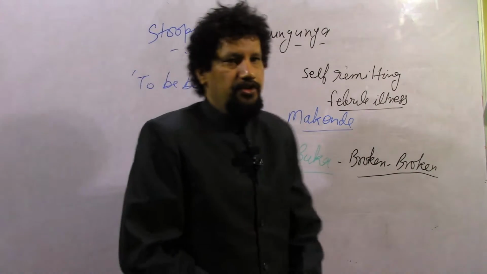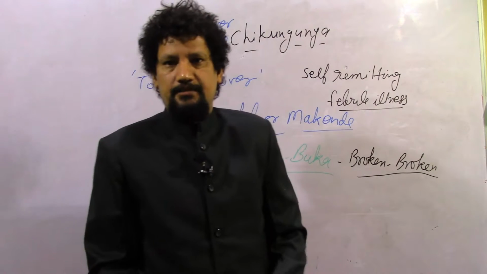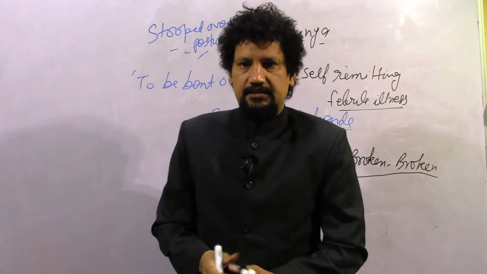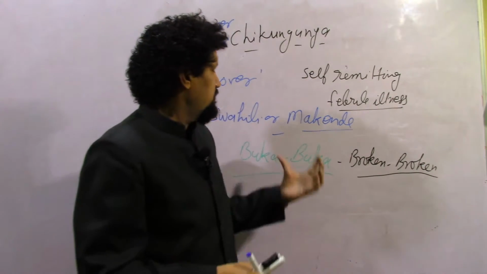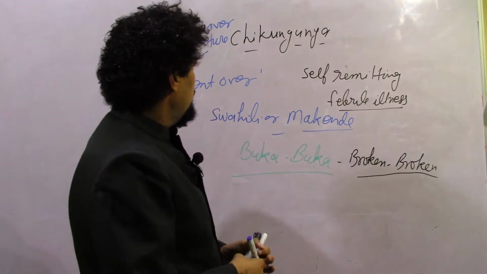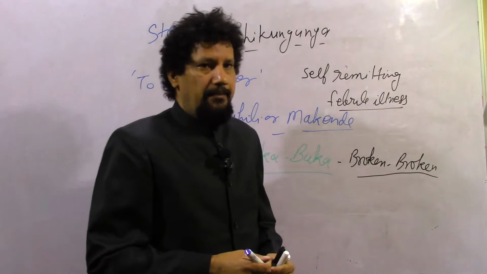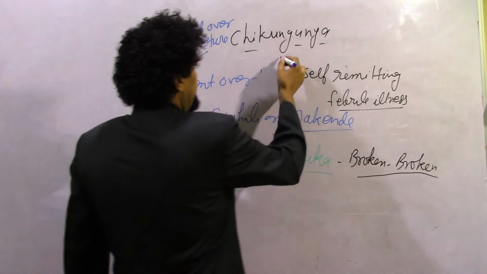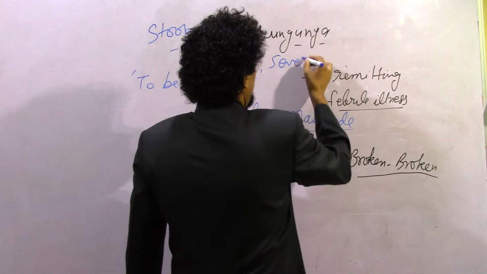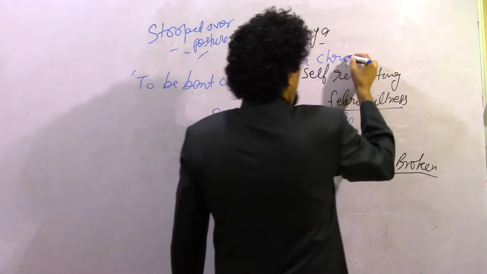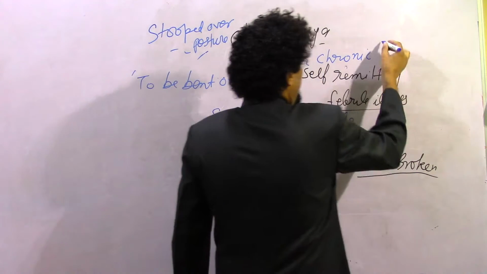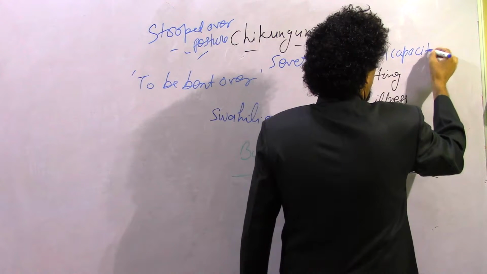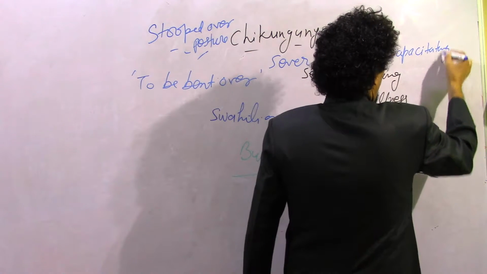This stooped over posture is exhibited by the individual with this disease as a consequence of severe chronic incapacitating arthralgia.